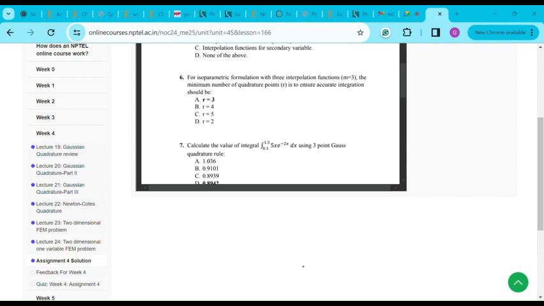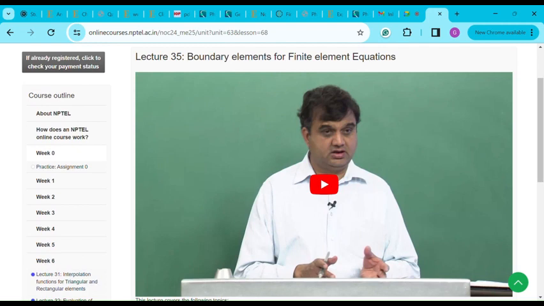This load is distributed, and at the nodes we have equally distributed loads, and that will be 1/3 of the total load or total flux.